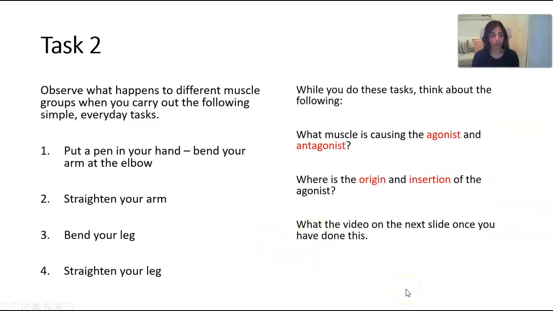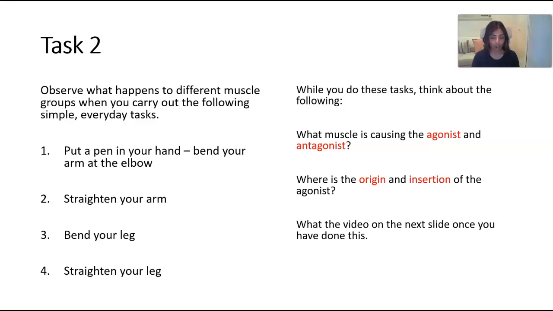Okay, so what I would like you to do for task 2 is to actually observe what happens to different muscle groups when you carry out the following tasks. Put a pen in your hand and bend your arm at the elbow. I want you to be thinking about what muscle is causing that action, which is the agonist and which is the antagonist.